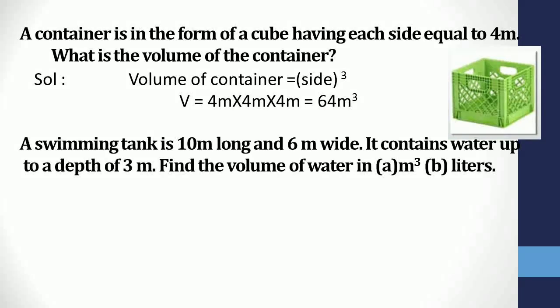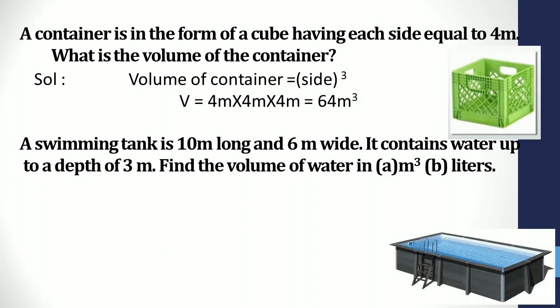Our next numerical: a swimming tank is 10 meter long and 6 meter wide. You have to notice that the length and the width are given, so automatically it will be a rectangular swimming tank. You can see in the diagram.